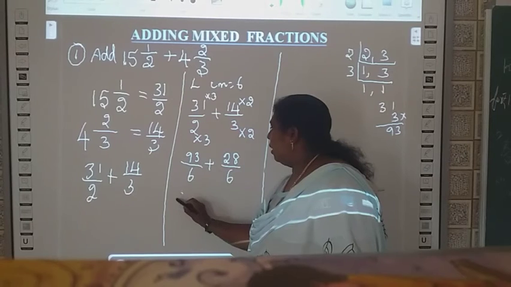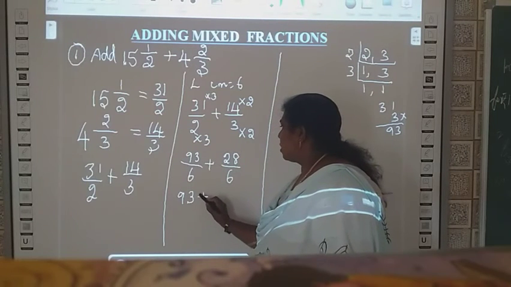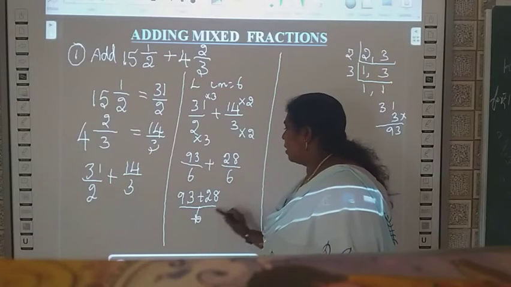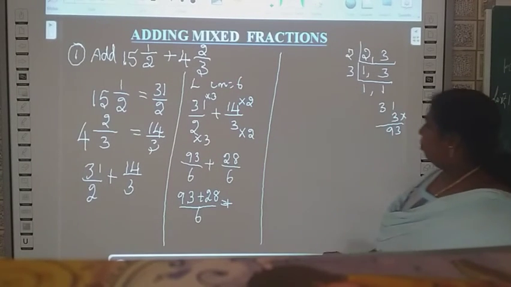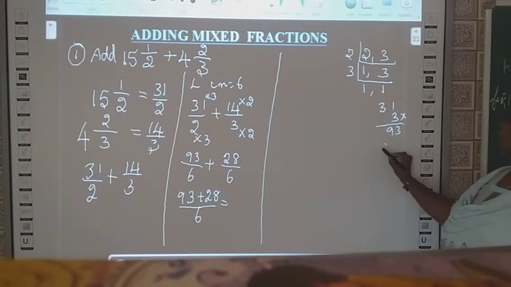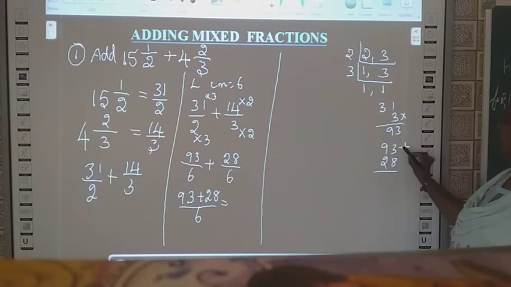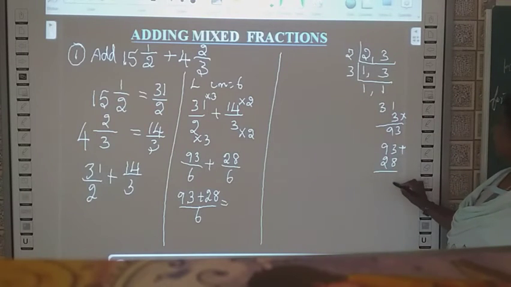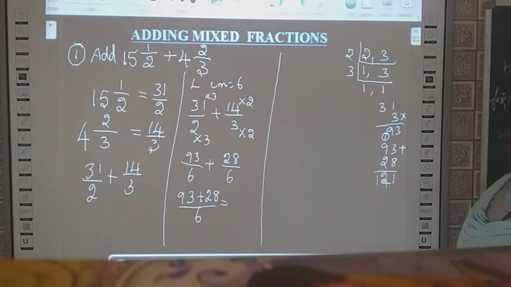Yes. 93 plus 28 divided by 6. Add these two values, 93 plus 28. 8 plus 3 how much? 11, right? 11, and this carry over. 10, 12. 121, isn't it?